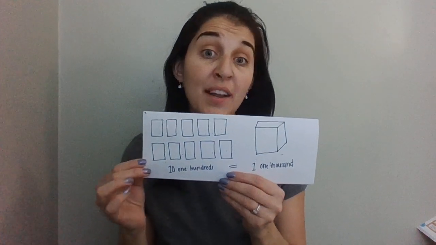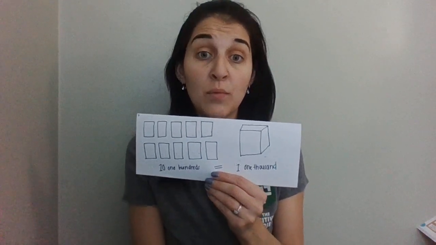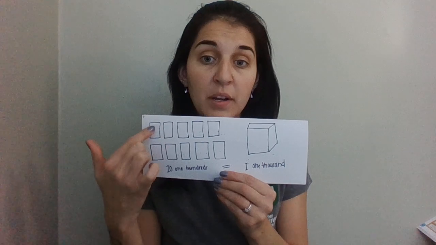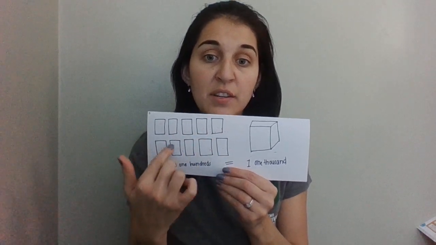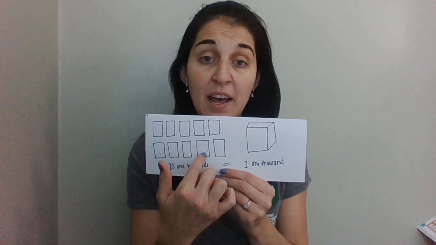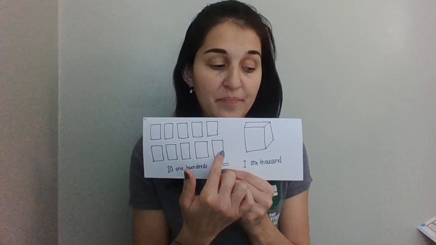And 10 100s is equivalent to 1,000: 100, 200, 300, 400, 500, 600, 700, 800, 900, 1,000.